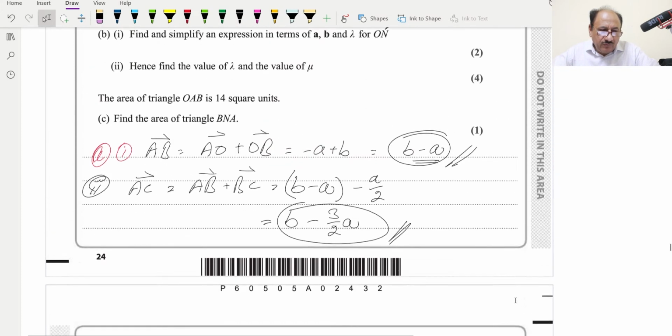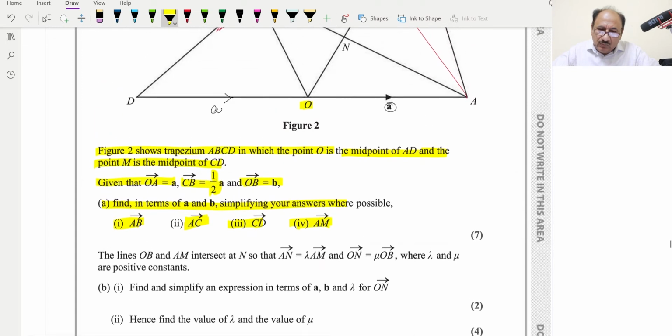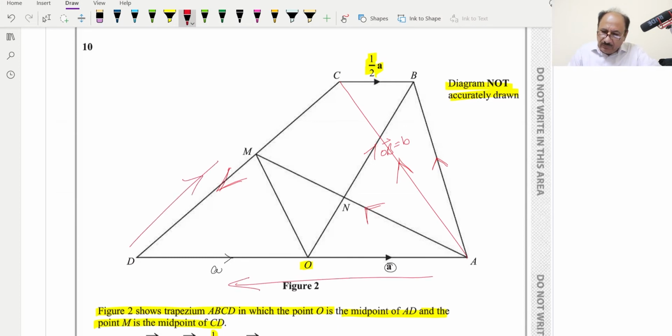Now we have to find the fourth part. We have to find AM. AM is what? So AM is basically this direction. For AM, we can take basically AD and DM. We can take this route, AD and DM.